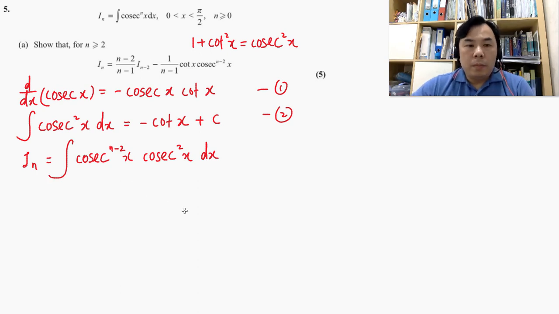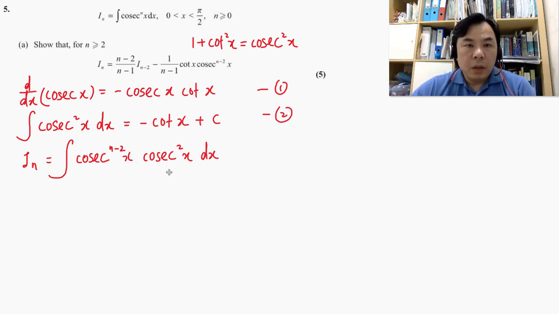Now the main reason why I start off with n minus 2 is because I knew the result for my antiderivative for cosecant square. That is one of the motivations that I use to start up this integration here, right?